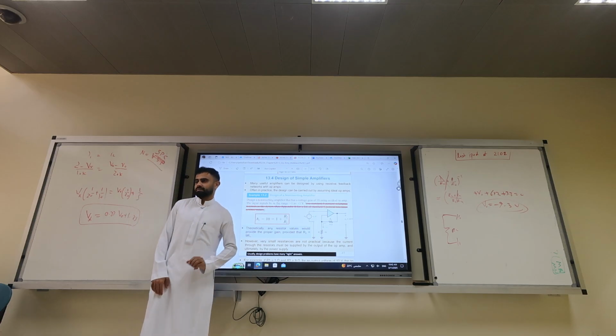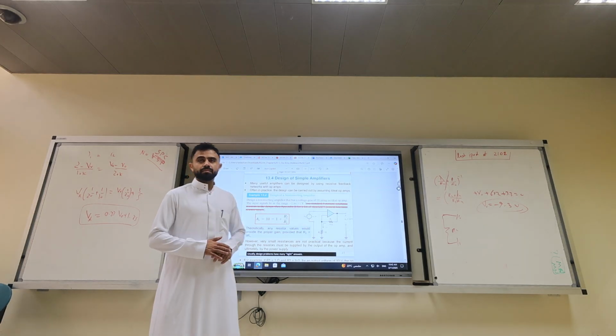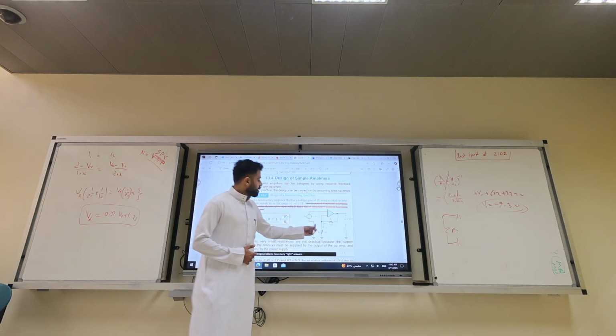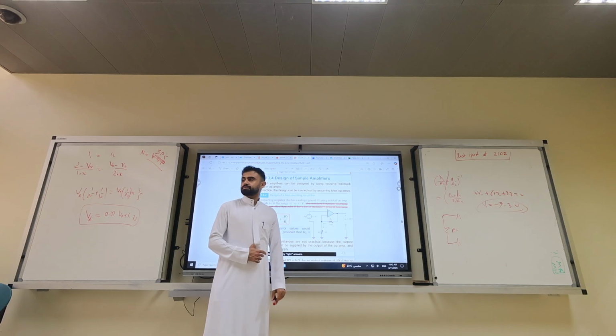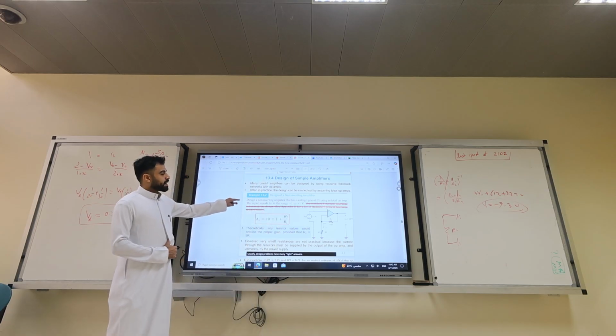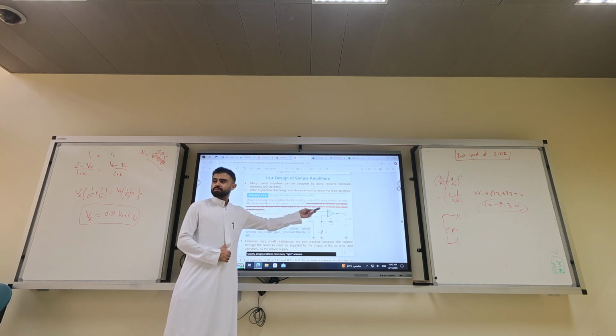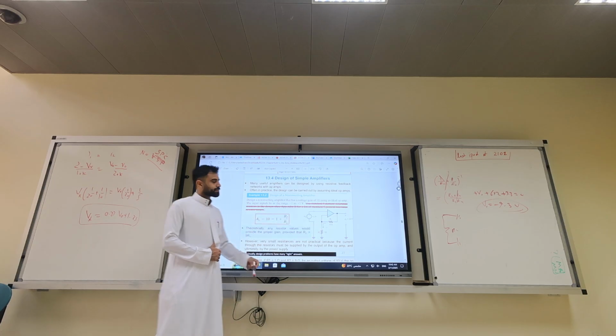What does design mean? Design means pick a value of R1 and R2. So design a non-inverting amplifier that has a voltage gain of 10. Use an ideal op-amp. So is this a positive gain or negative gain? Because it's a positive gain, we use a non-inverting amplifier.